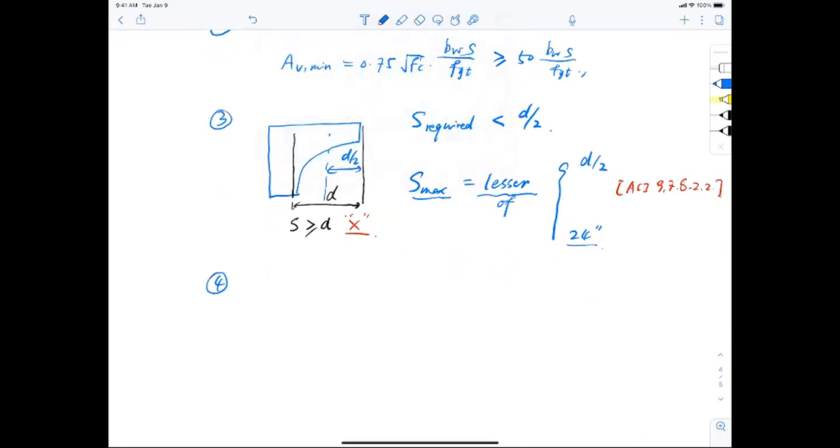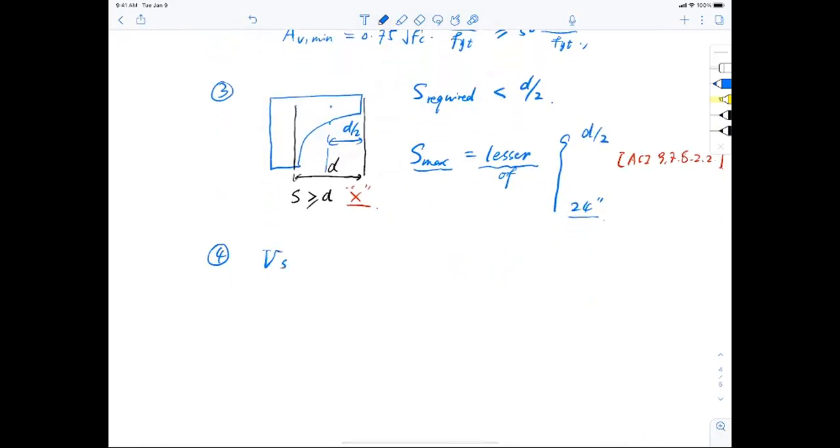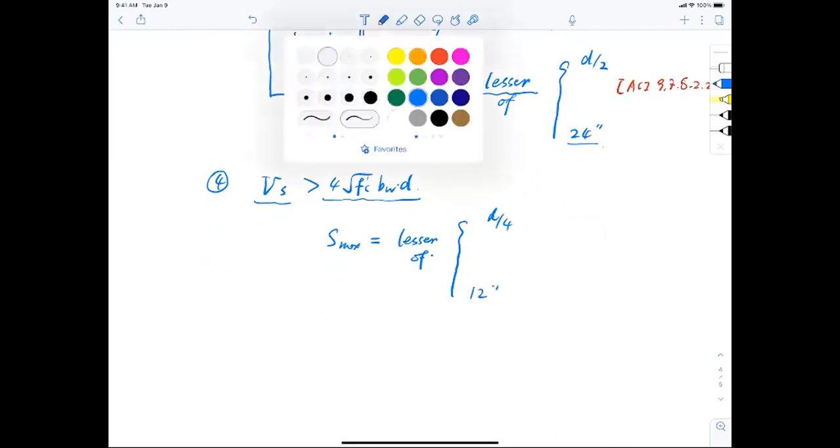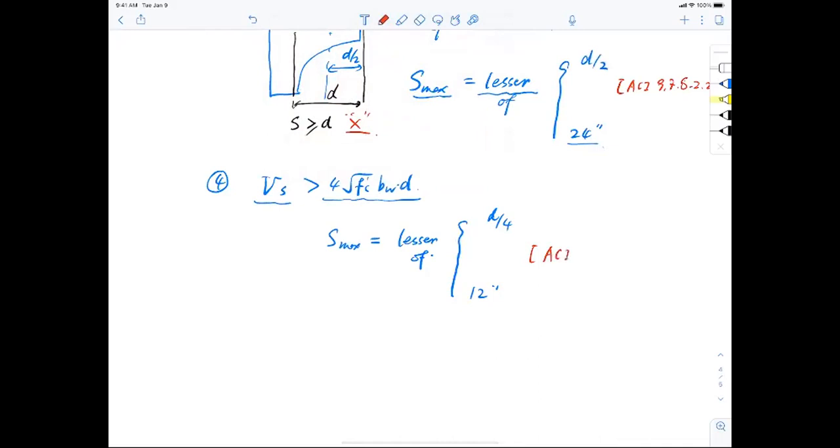If my VS, meaning my shear resistance by steel, is greater than 4 times square root F prime C BWD, which is twice the concrete contribution, meaning the steel has to carry as much as twice the concrete, then ACI says you better provide tighter spacing. It has to be D divided by 4 or 12 inches, which is half of scenario number 3.